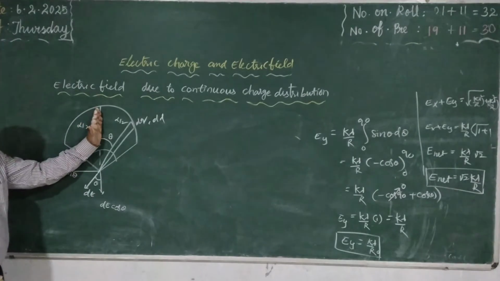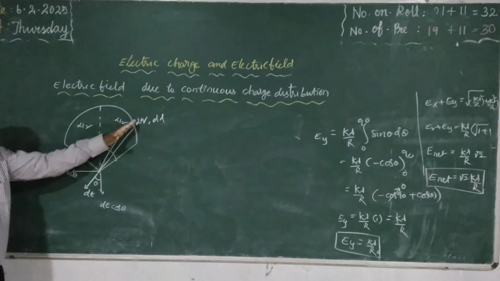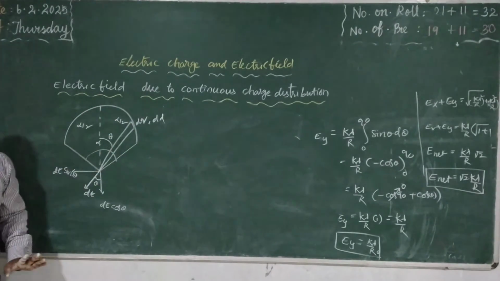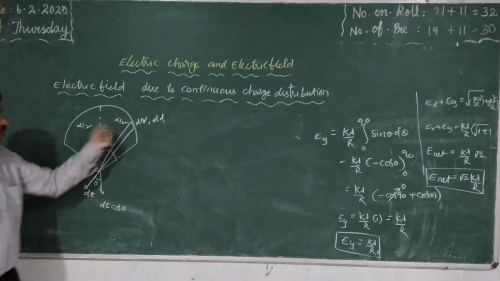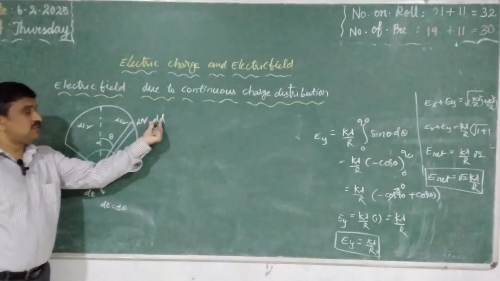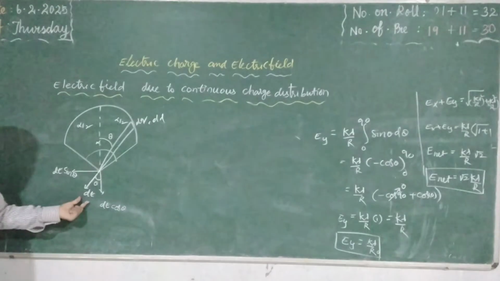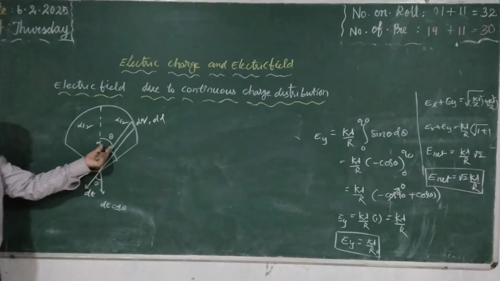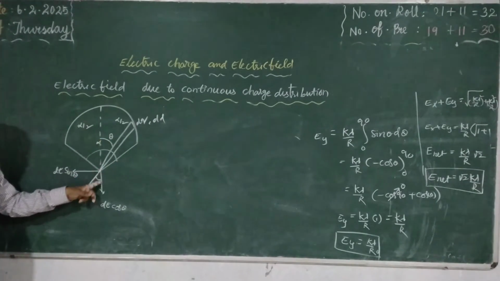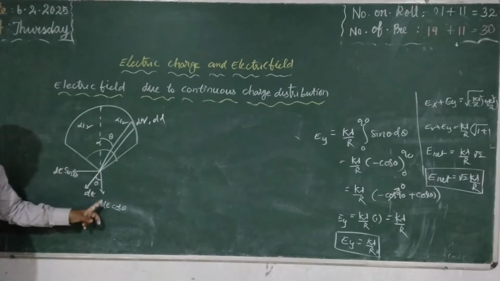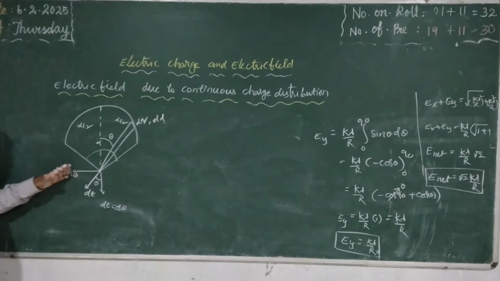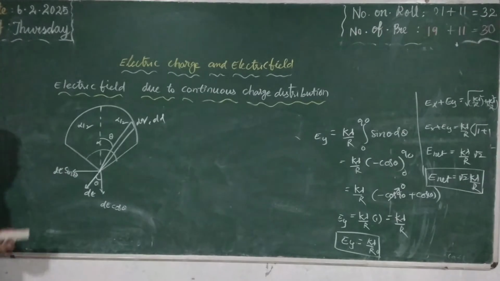From this side, at theta angle we cut a small elemental charge dq of length dl. Due to this charge there is a dE electric field. This angle equals this theta, so this is dE cos theta. On the opposite side is dE sin theta, exactly symmetrical.